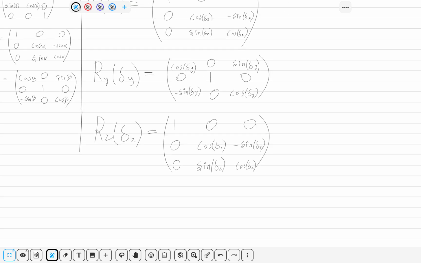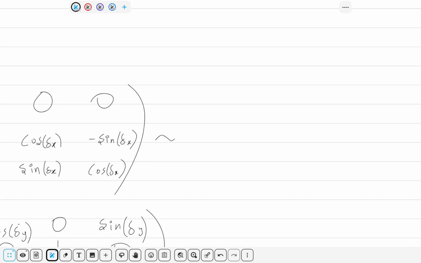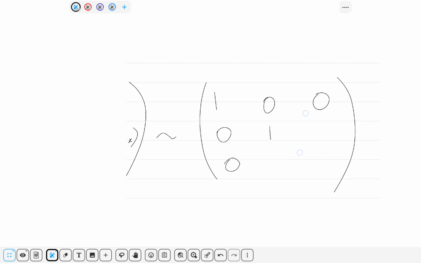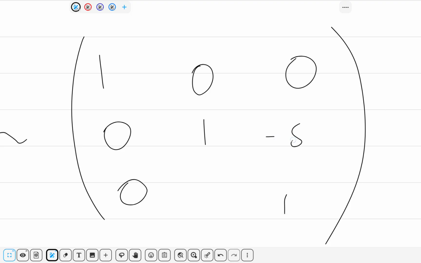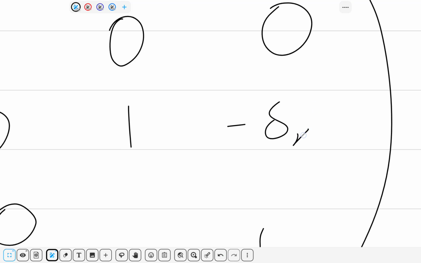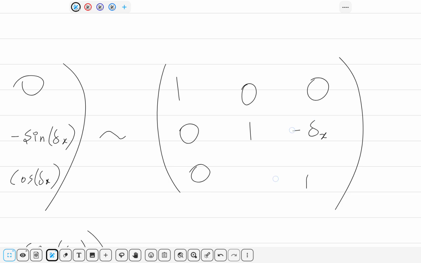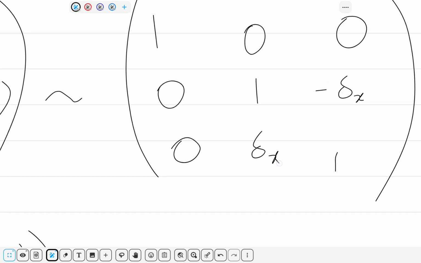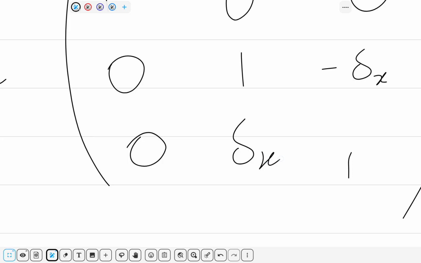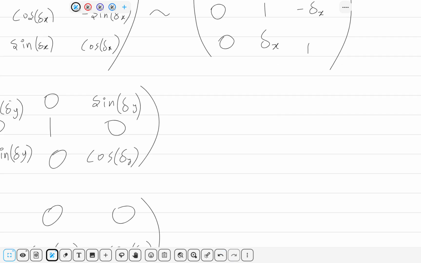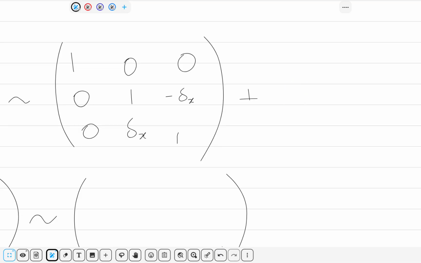Now these angles are so small, I can use an approximation: for very small angles cos almost behaves like 1 and sine almost behaves like the angle itself, minus delta x and delta x, and I will do the same thing here. There will be some higher order terms.